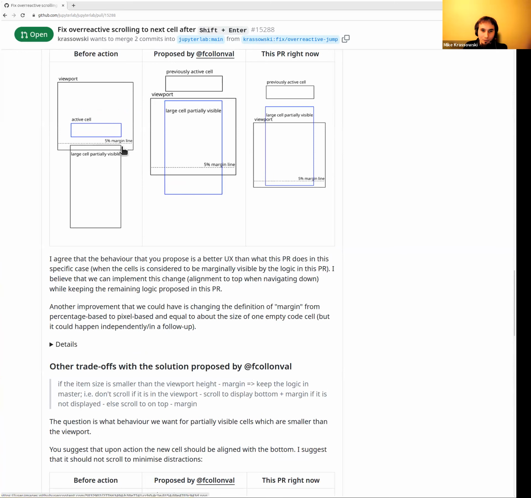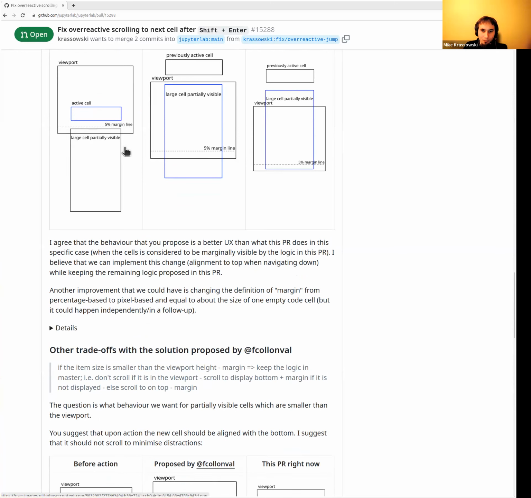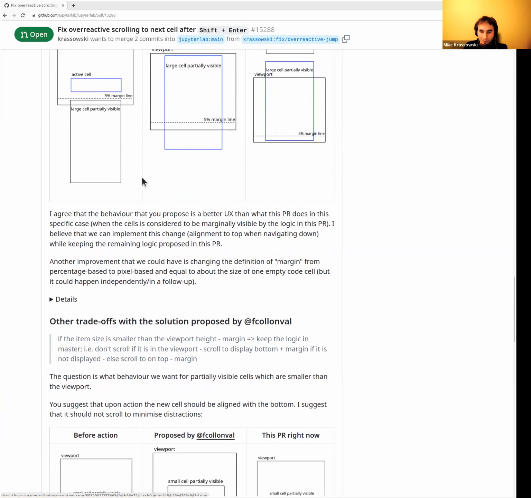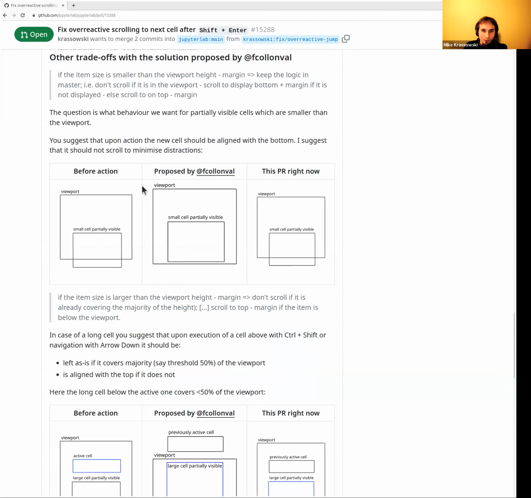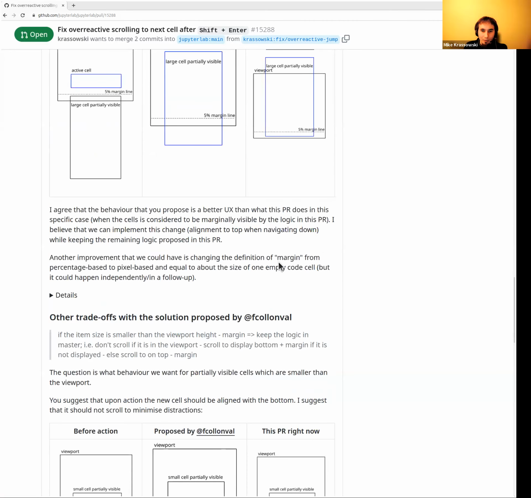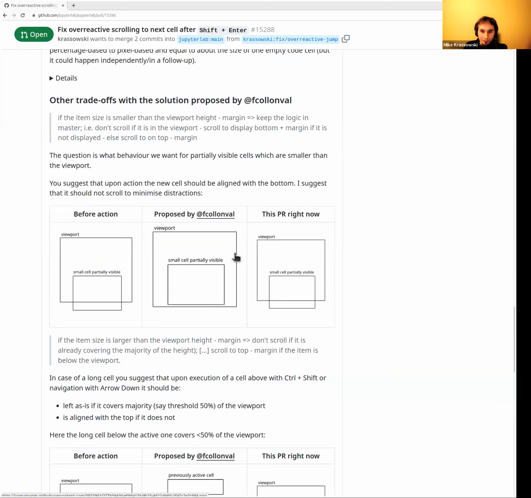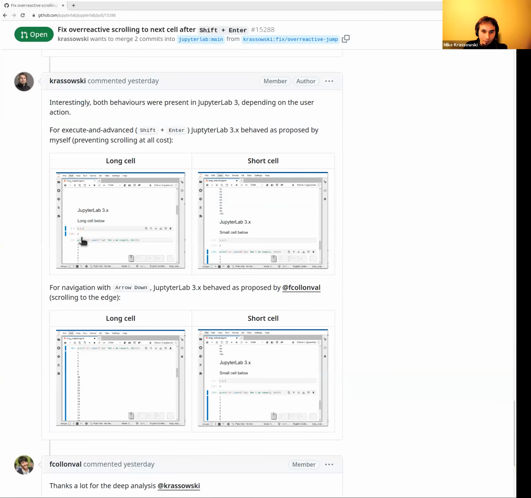What does it mean for a cell to be marginally visible or not visible enough that we want to scroll anyways? And one of the proposals to solve that is to define a margin not based off a percentage of the viewport or the cell, but as a fixed size, for example, a height of a single smallest possible cell.